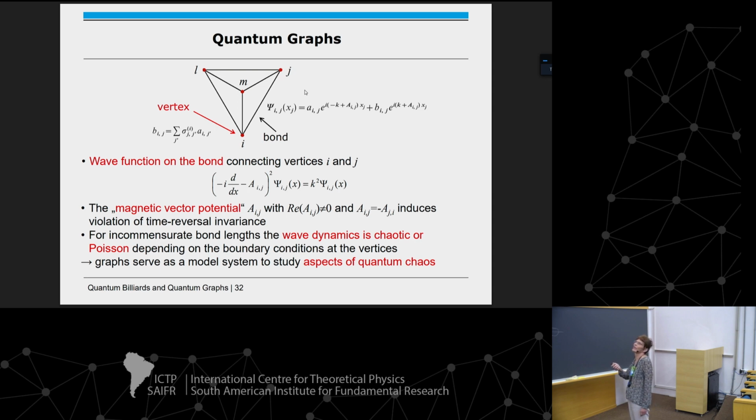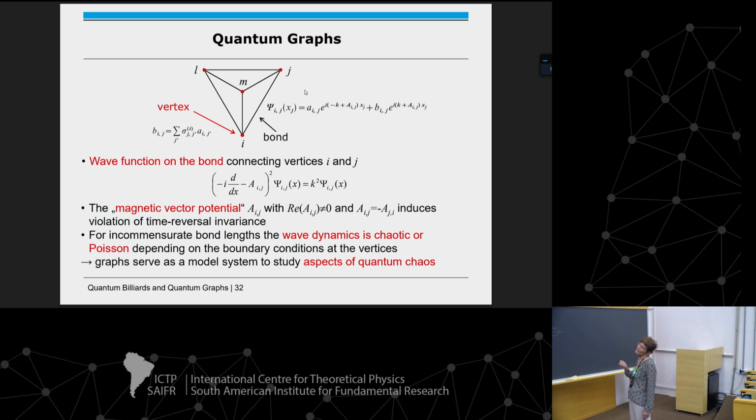So it can be scattered into the other bonds, here these are two other bonds, or it can be scattered back, and this is described by a so-called vertex scattering matrix. It's a simple system because it's one-dimensional, but you can produce wave chaotic dynamics because the effect of the scattering at these vertices is relevant.